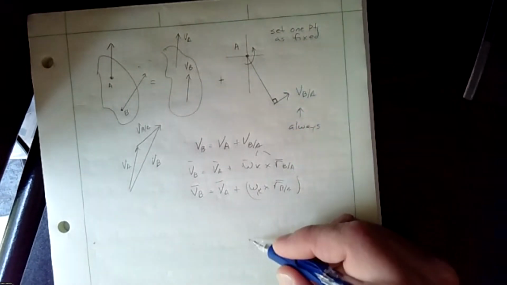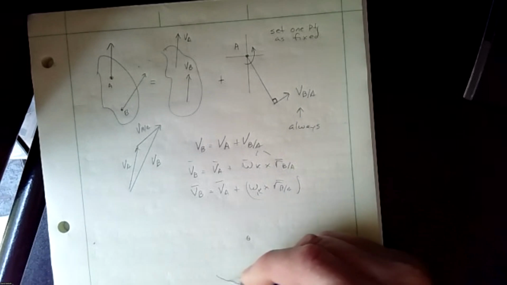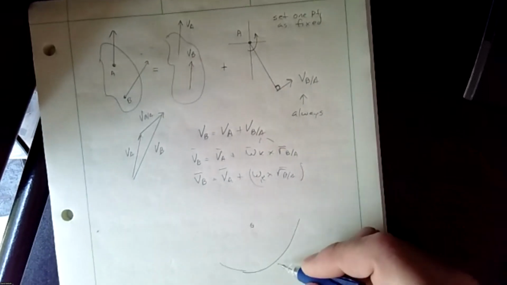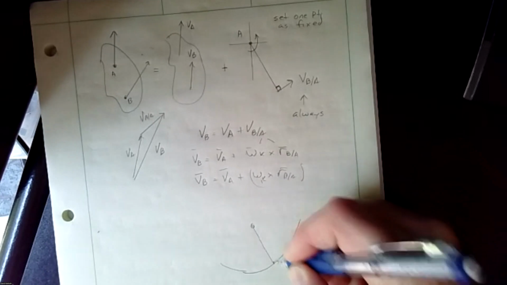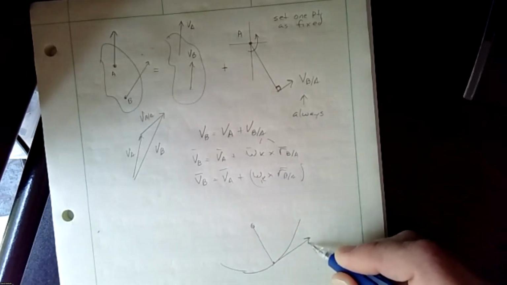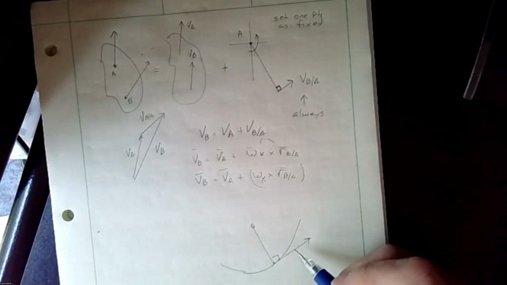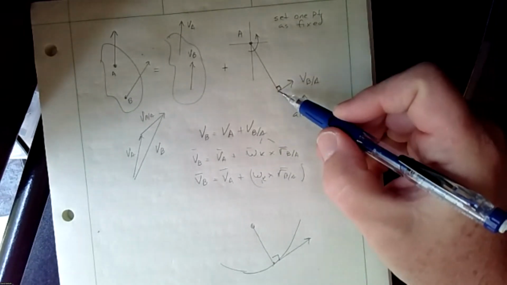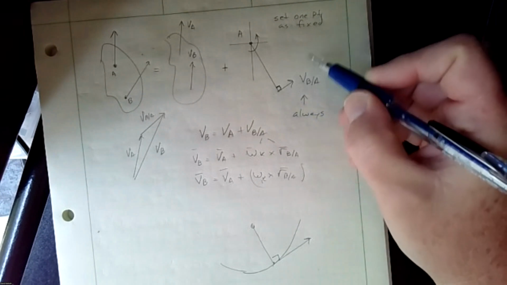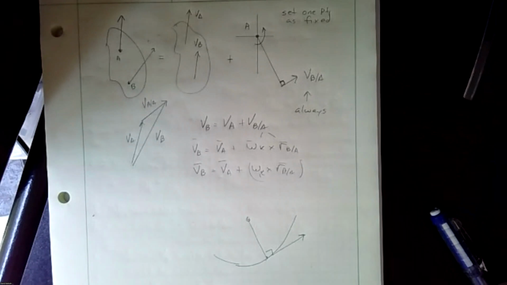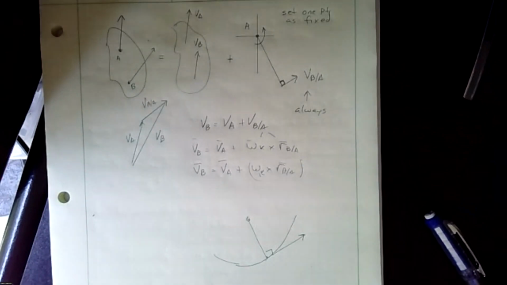Because we know that if you have a fixed point and you're rotating, then it doesn't matter wherever that point is, that vector is going to be tangent to it. And that's what we're saying. So now this we know could move up here, up here, up here over time, but we don't care. We're just looking at a specific moment in time. And that's the takeaway with this plane motion.